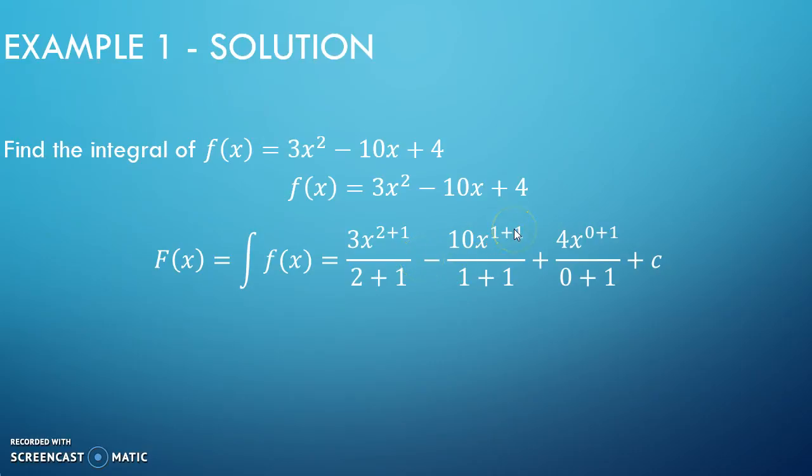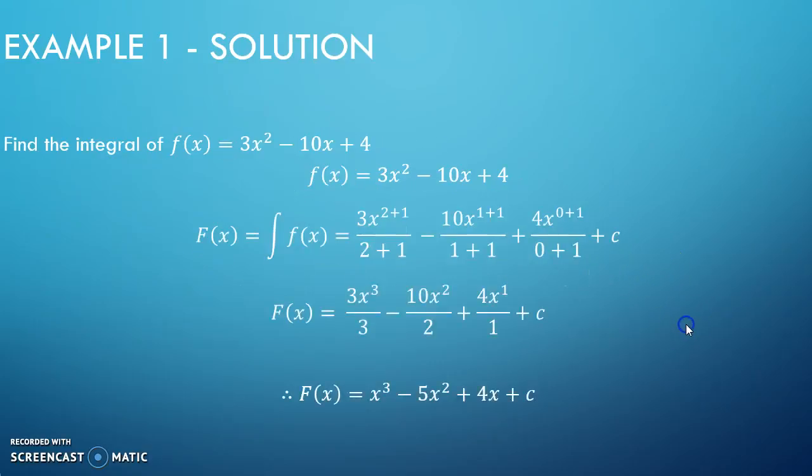Add 1 to the index, divided by the index plus 1, and so on. We've got a 4, that's really like saying 4 times x to the power of 0. So anything to the power of 0 is 1. So we add 1 to that, and we get 4x. And don't forget the c, obviously.